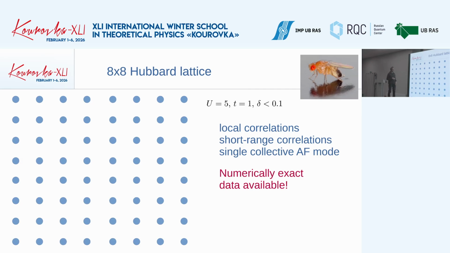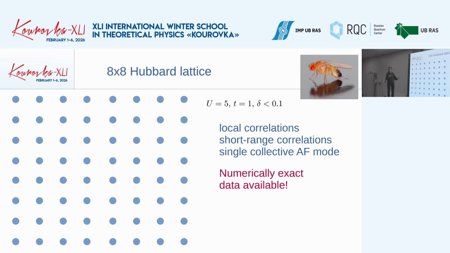I am going to present some numerical data obtained within our approach and compare them to numerically exact data on this simple Drosophila system. This is a Hubbard lattice of 8 by 8 sites, periodized. Why do I plot these sites? Because I want you to see that this system is not very small.